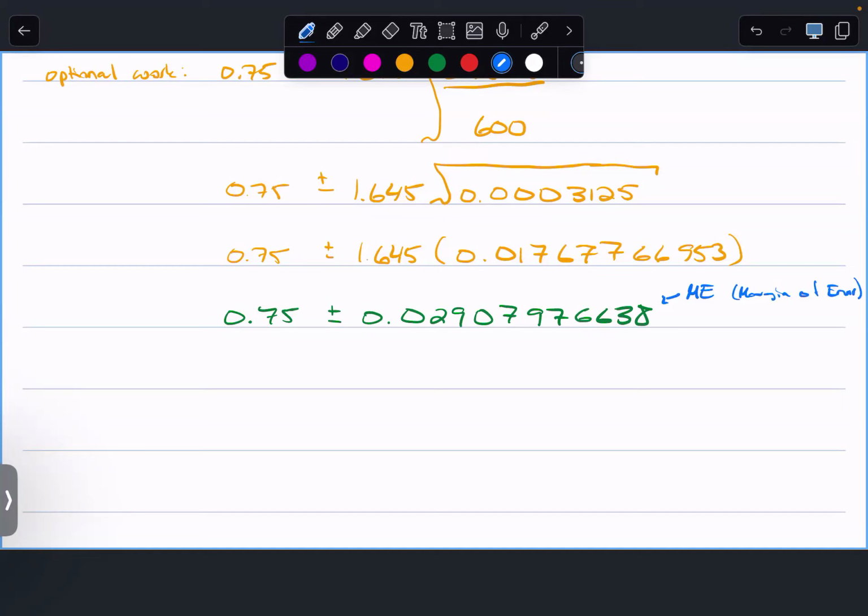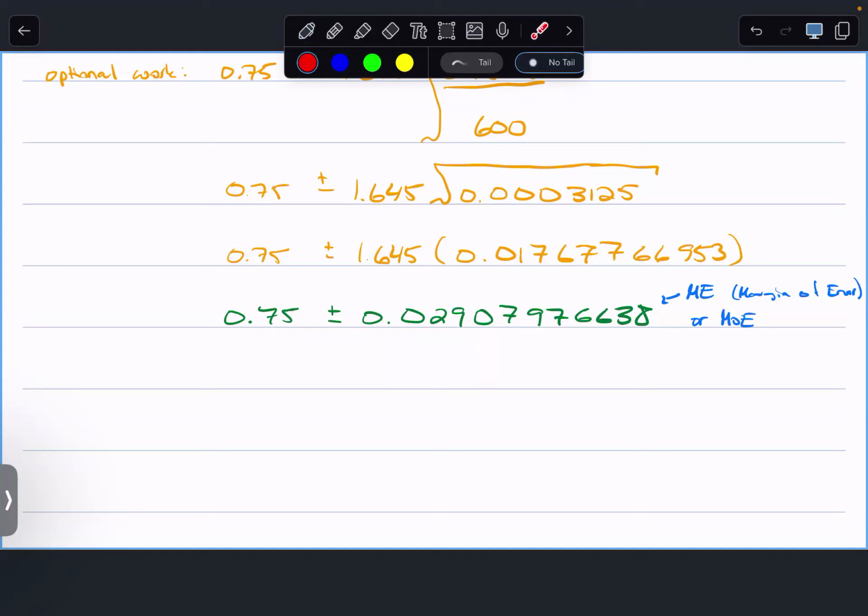Sometimes it's ME or some textbooks use MOE, margin of error. I don't believe the O should be in the acronym, since you can't include "of." But that's personal preference.